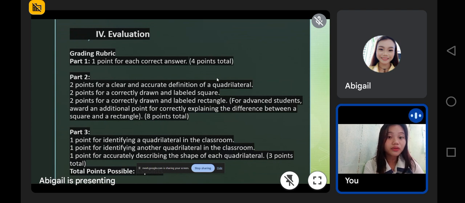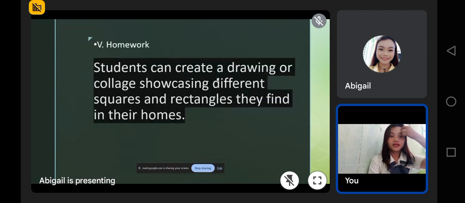So the possible points for my evaluation is 15 points. And in the homework part, the students can create a drawing or collage showcasing different squares and rectangles found in their homes.